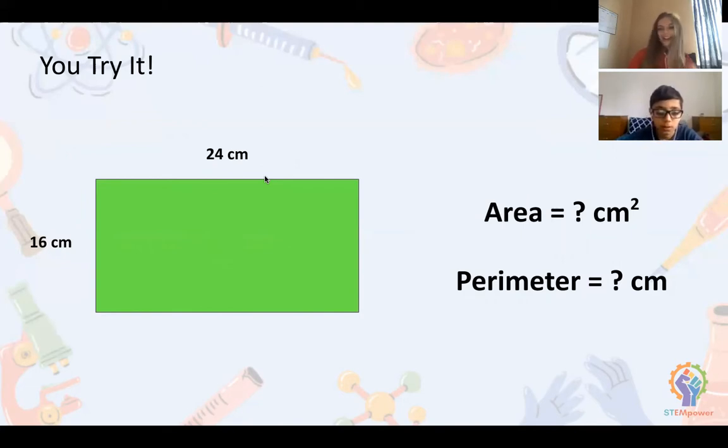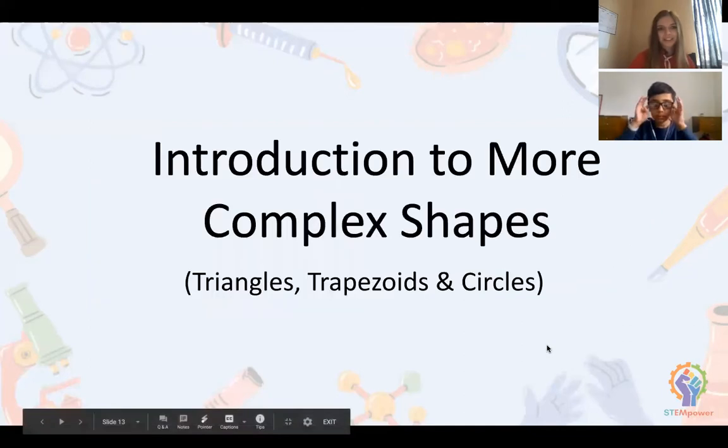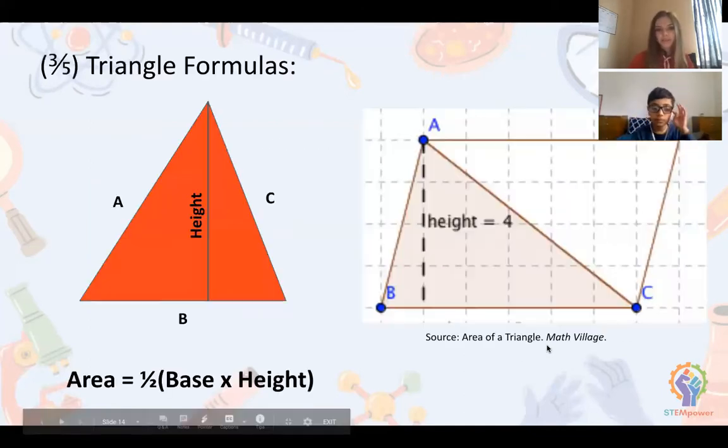Which, yeah, you might want to use a calculator to solve that. But it's 384. But yes, you were correct. And then for the perimeter, what would it be? The perimeter would be 40. Well, that would be the perimeter of 2 sides, but we need the other 2 sides as well. Oh, 80. Yes, perfect.